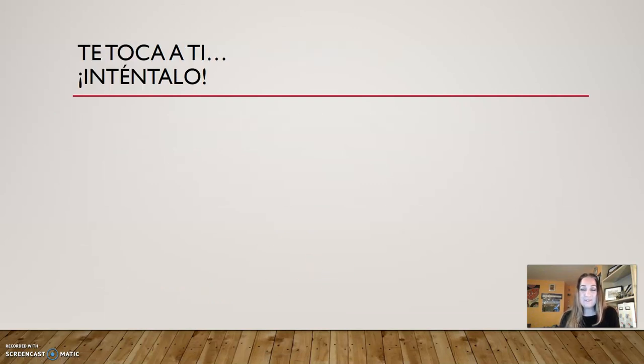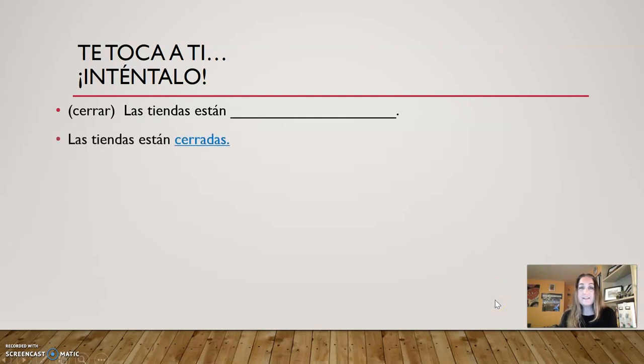Now it's your turn, putting together everything we've learned in these short 10 minutes or so. See if you can complete these sentences with the past participles and make sure they agree in gender and number. Las tiendas están cerradas.